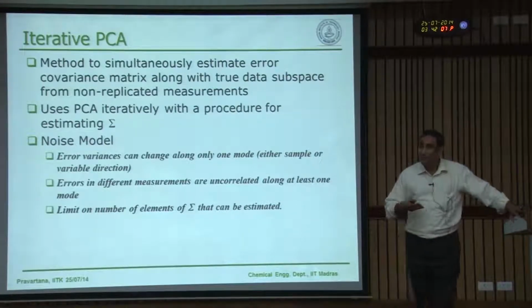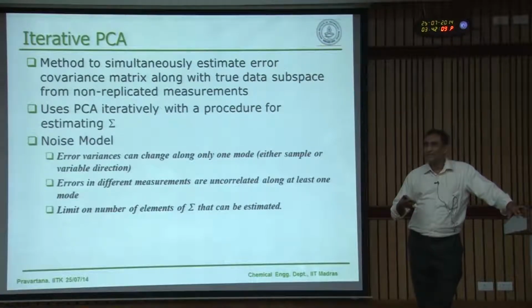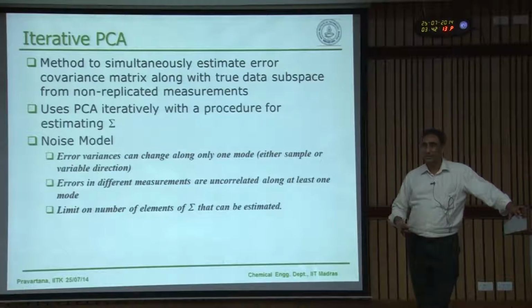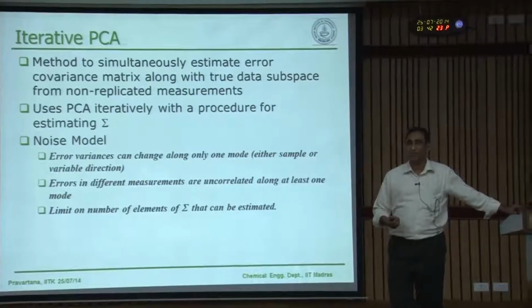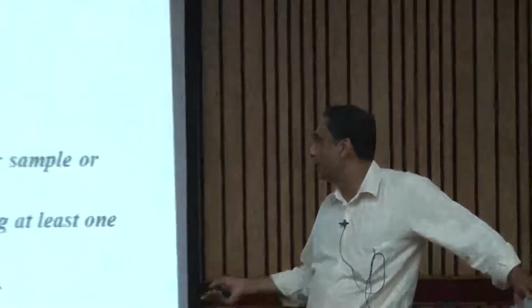So we can make a reasonable assumption that the sensor inaccuracy does not change over samples. It may be different for different variables because you are using different sensors for different variables. So your standard deviation of the error will be different for different variables, but need not be different for different samples. So what we call this is variation of sigma along one mode, not along both modes. So the first assumption that's made is that error variances can change along one mode, typically in the variable direction.